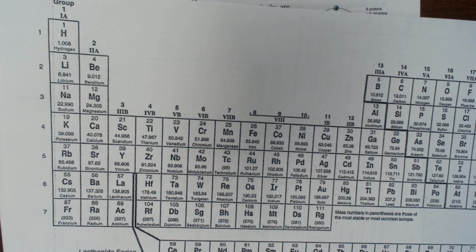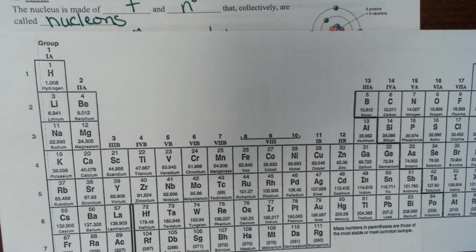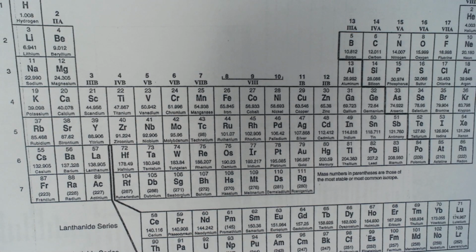That's all right. All right, so just a quick look at this. Now, when we look at the elements here on the periodic table, we don't consider these elements to be isotopes. We consider these elements to be neutral atoms, having the same number of protons as electrons.